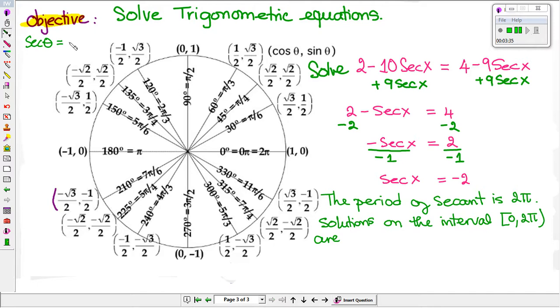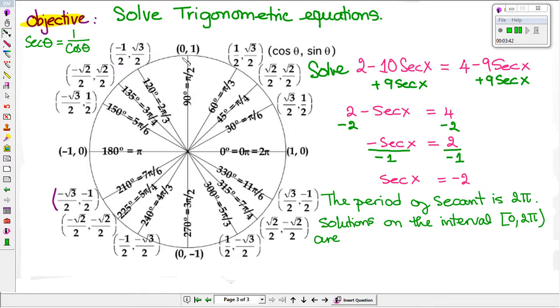Secant is the reciprocal of cosine. So I'm going ahead and write out the reciprocal formula first for you. Secant theta is 1 over cosine theta. So I'm going to go to each one of these pairs, and I'm going to take 1 divided by cosine, which is the first value of each pair right here, and see which one will give me negative 2.